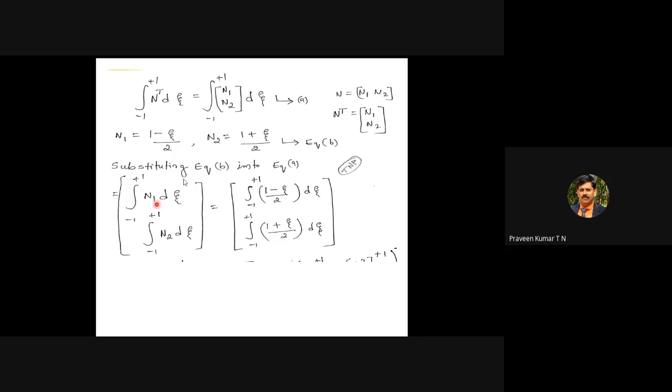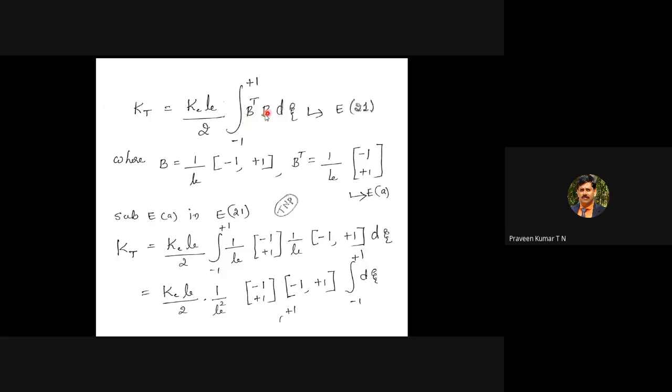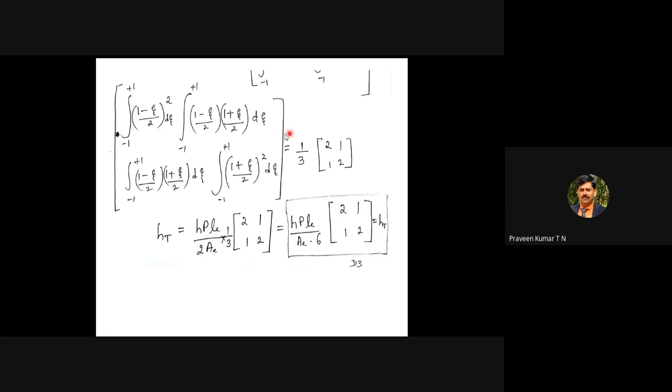The detailed derivation we discussed yesterday, where we reached the integration from -1 to +1 of N transpose N dxi. After integration we get 1 1. Then we have B transpose into B, and after simplification we get one more equation. There is one more equation, N transpose into N into dxi, that we discussed after integration. All those integrations are simple mathematics. It is given in the notes, you can refer.